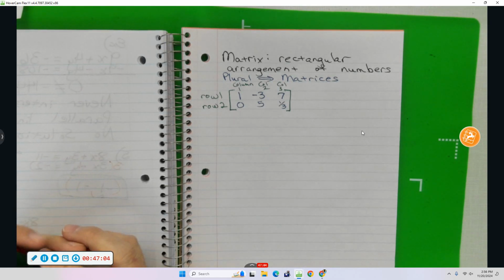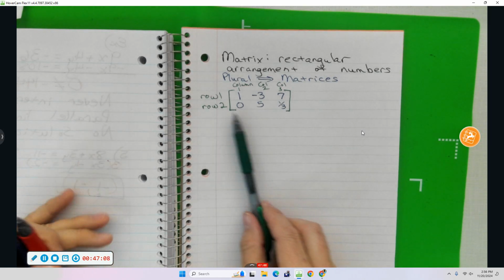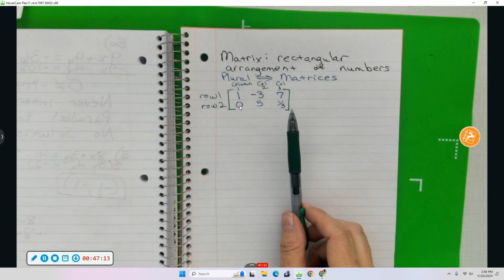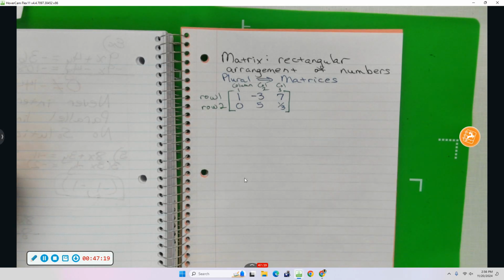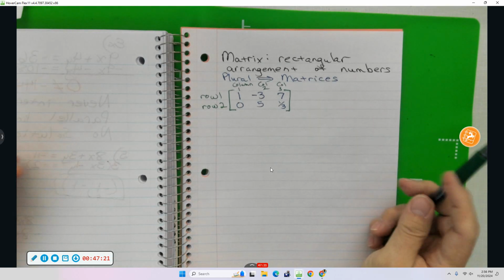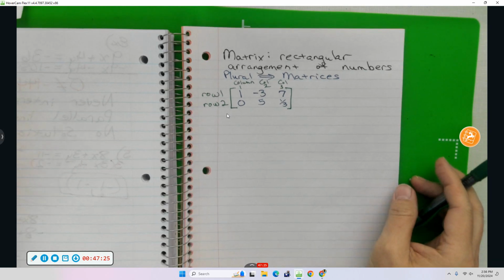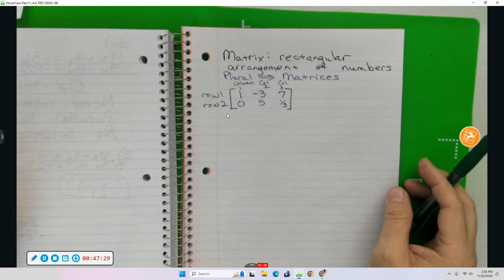When I'm looking at this matrix, we can determine the size based on the dimensions, the number of rows by the number of columns. Think of a rectangle. If I wanted to put carpet on this floor, I had to measure the dimensions of this floor. I wouldn't just say the dimensions are 40.